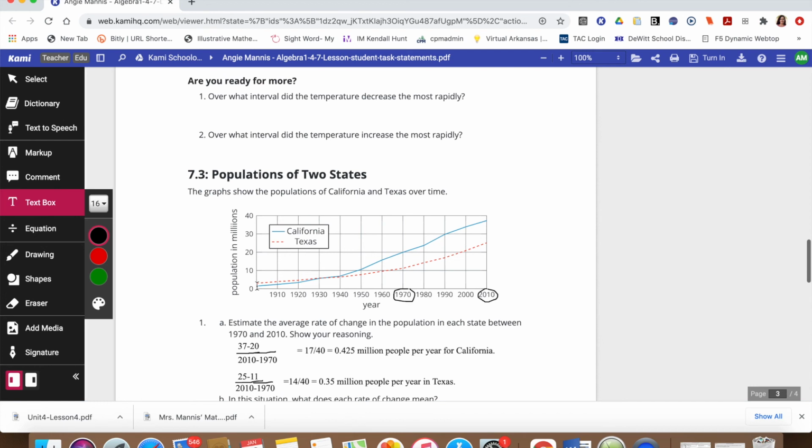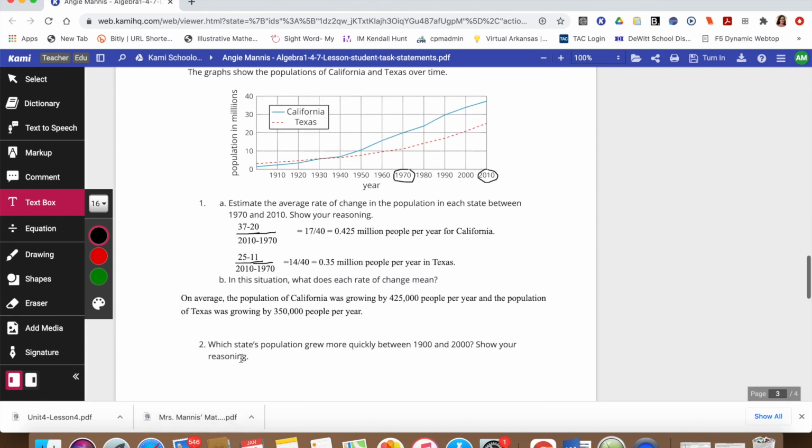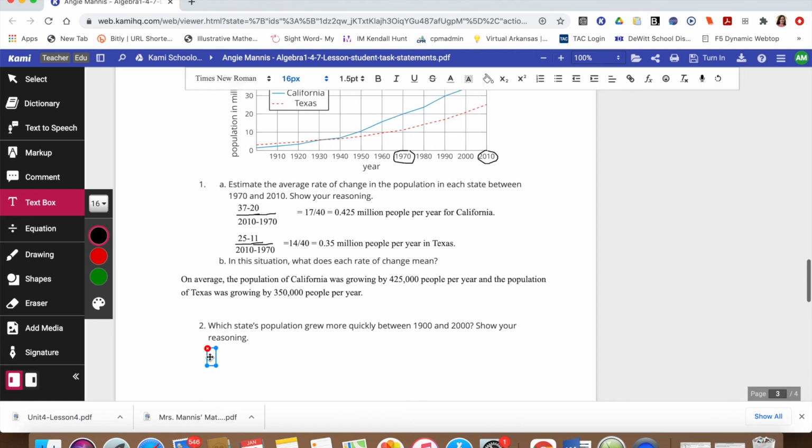And California starts out lower, but you can see it increases rapidly towards about 1950 and so on.